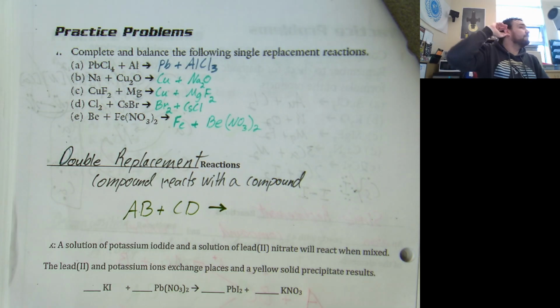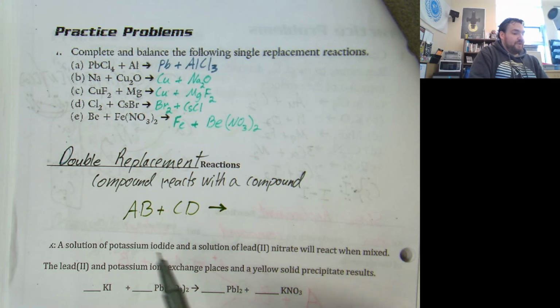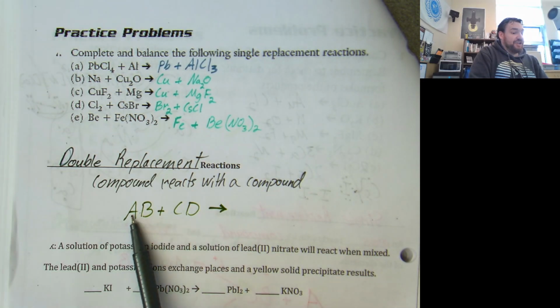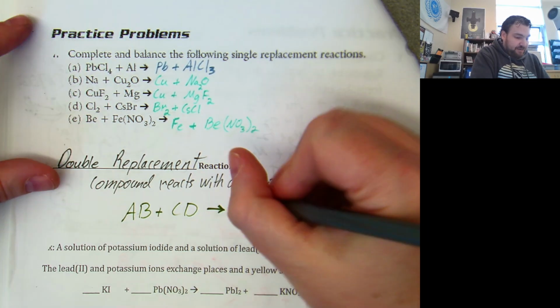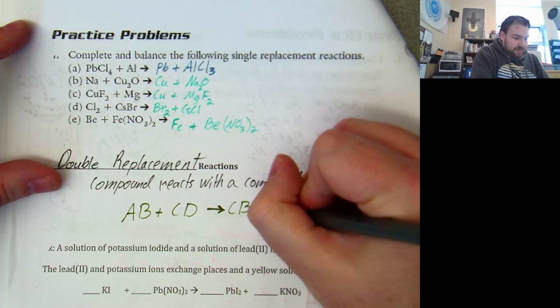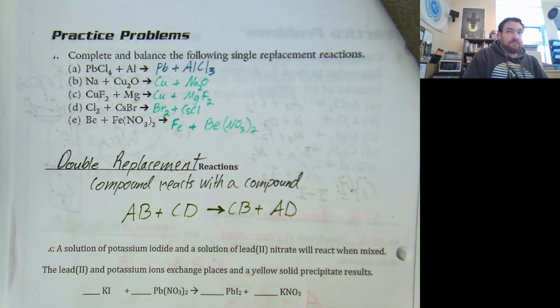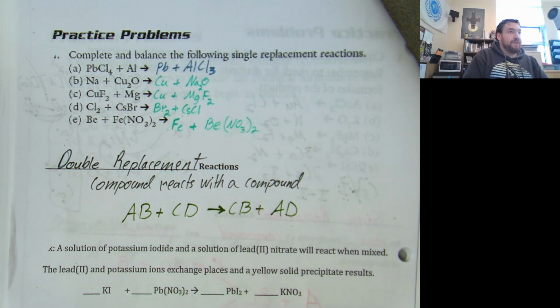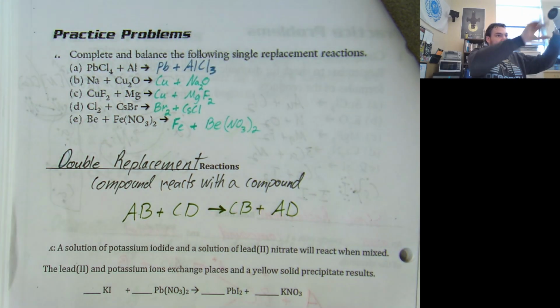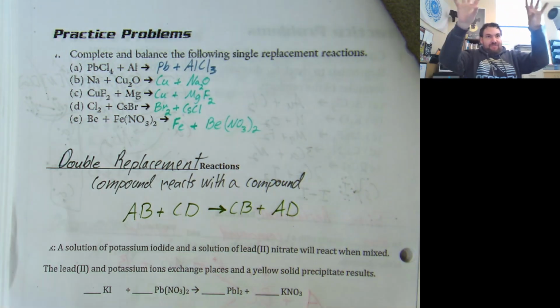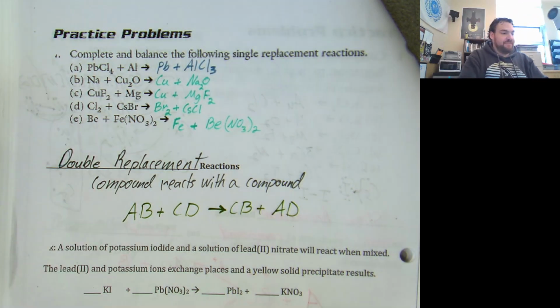So the A is going to swap with the C. So you're going to get CB plus AD. Just what was a positive and a negative and a positive and a negative, they just rearrange themselves.